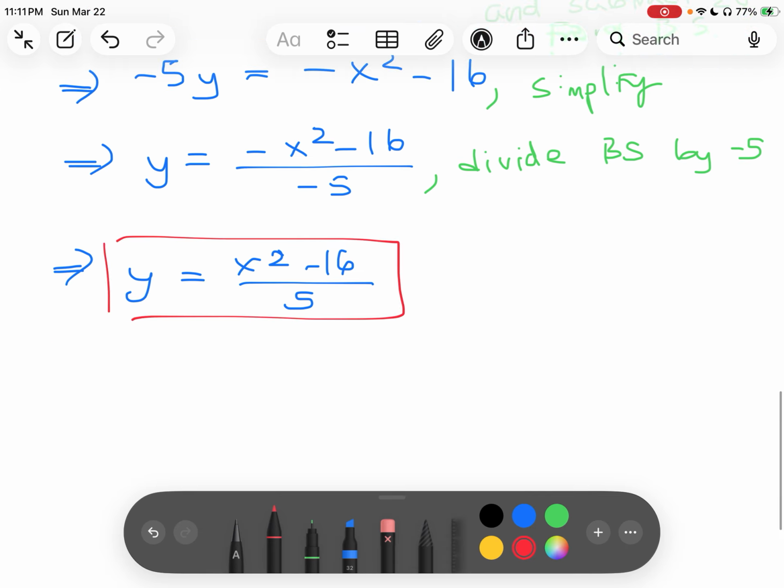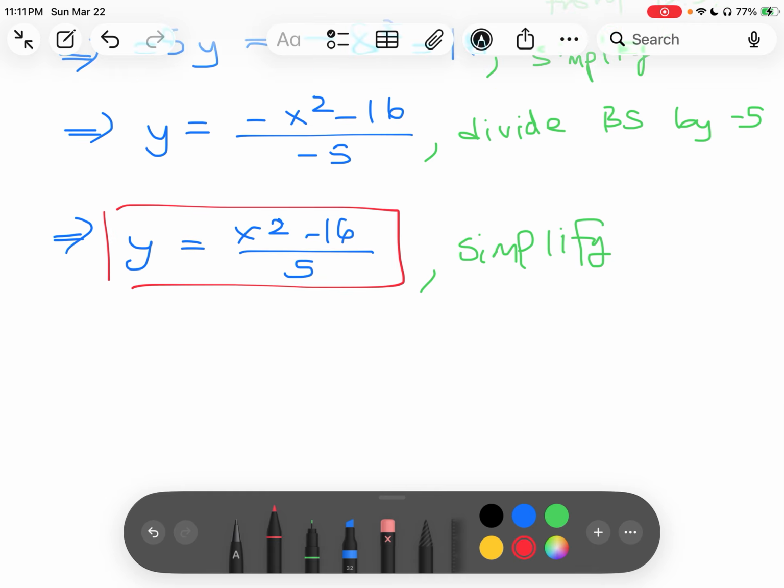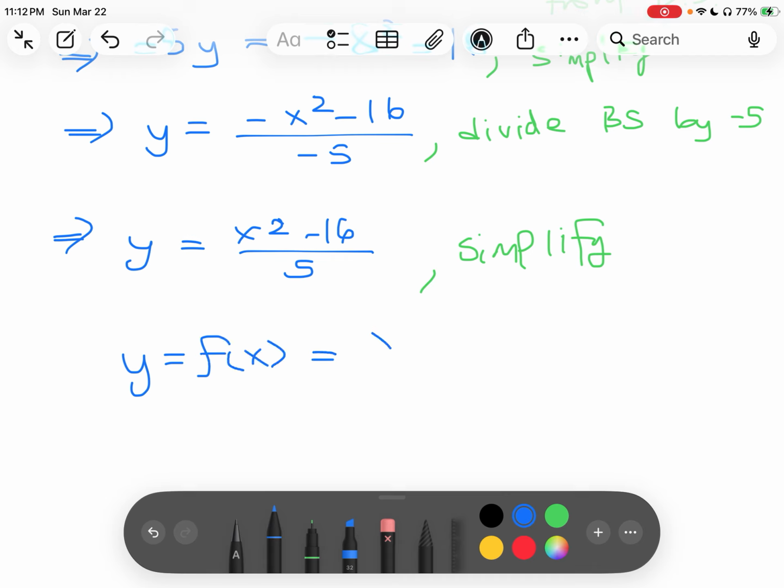So y is a function of x, and we just simplified here. There's your function. Let me rewrite it in one more line: y as a function of x equals x squared minus 16 over 5. If you want, you can also factor the numerator.